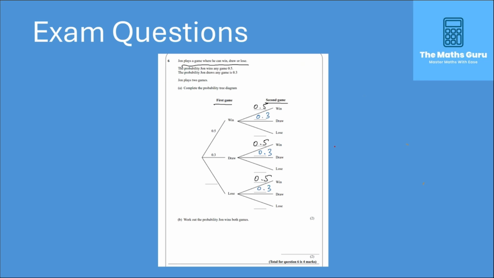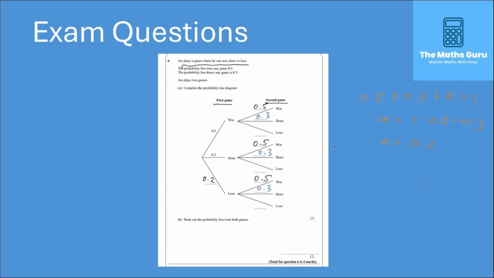Hence, we can say that 0.5 plus 0.3 plus x is equal to 1. Therefore, solving for x, we'll have 1 minus 0.5 minus 0.3, and we'll get x is equal to 0.2. Therefore, in this box here, we can write that the probability that he loses is 0.2.